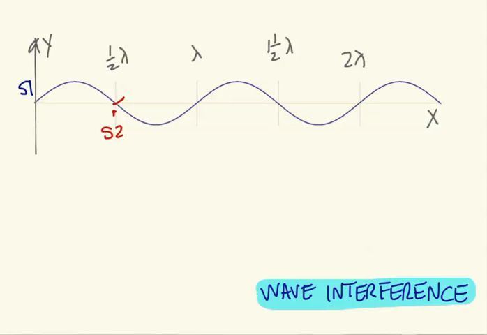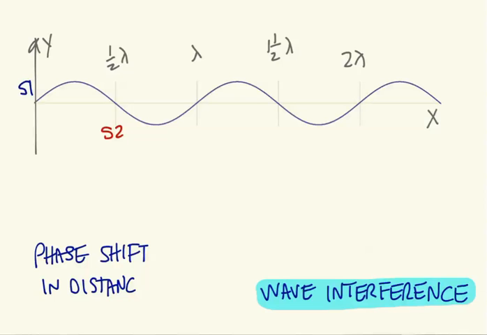So what we did before is we looked at different patterns in time that you could get interference. In this case, we're looking at a phase shift, let's say, in distance. You'll see why the term becomes important there.